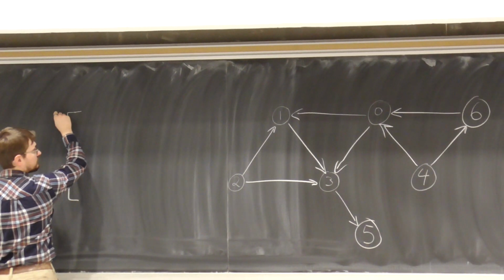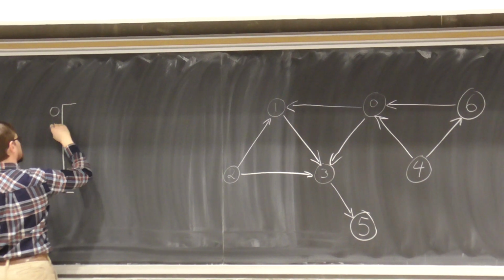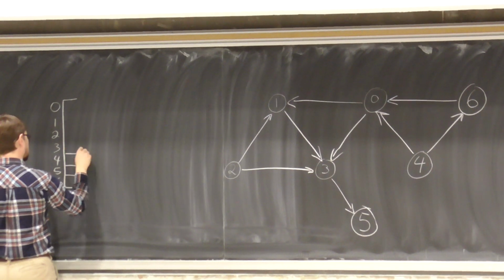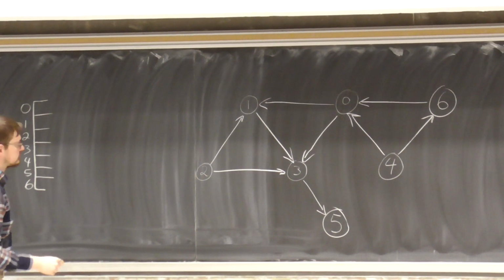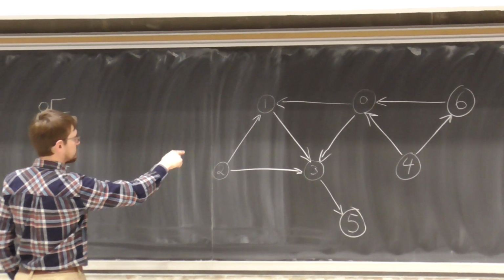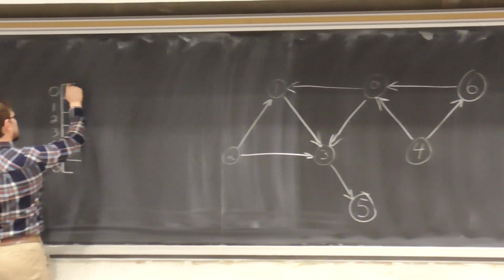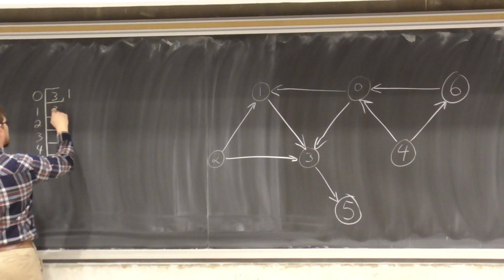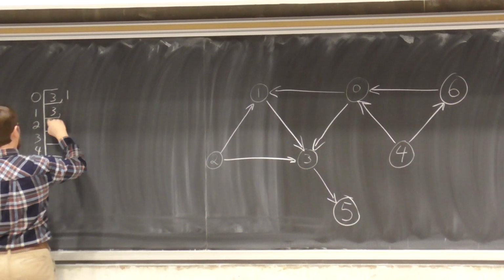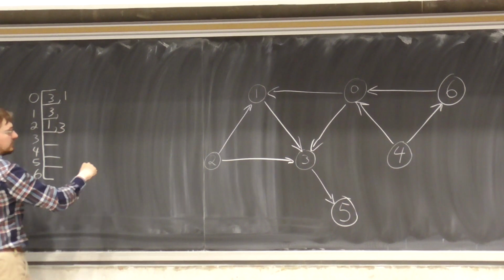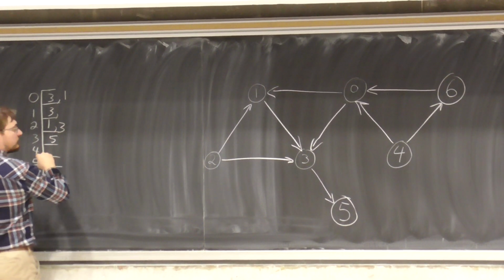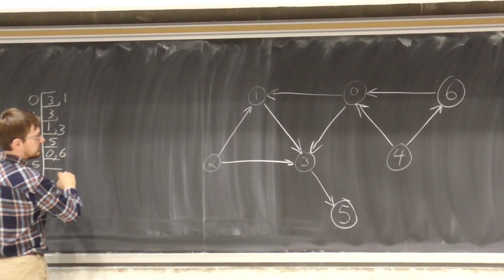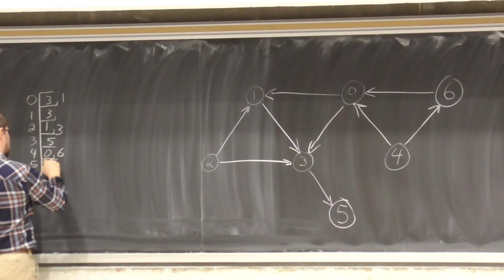So we've got 0 through 6. 0 goes to 3 and 1. 1 goes to 3. 2 goes to 1 and 3. 3 goes to 5. 4 goes to 0 and 6. 5 goes to nothing.